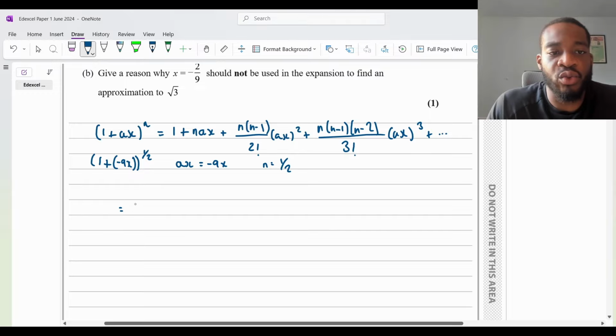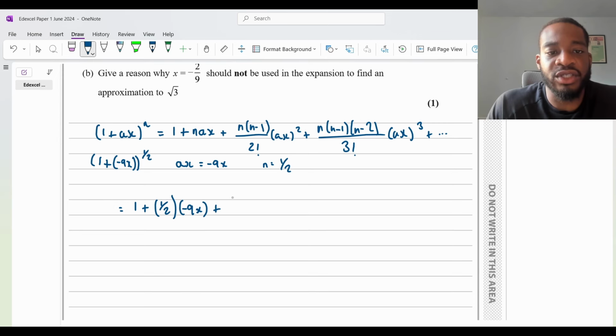It's going to be equal to 1 plus n, which is a half, so 1/2, and then ax, which is minus 9x in this case, so minus 9x, and then plus n, which is a half, and then a half take away 1. I'll do it bit by bit just because it's a walkthrough.